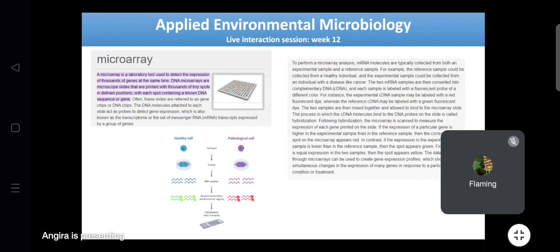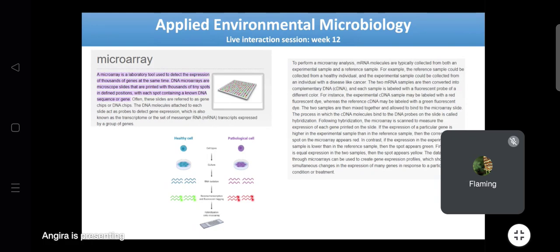And what are these spots? As you can see over here, this is basically a glass slide with printed spots, and each of these spots contains a known DNA sequence or a gene. Now these particular slides are known as gene chips or DNA chips.